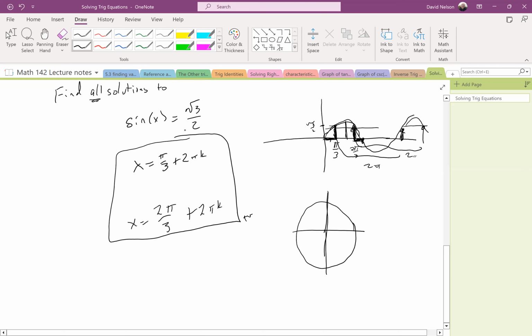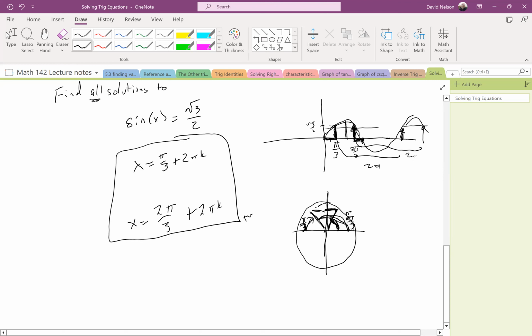In the unit circle, the y coordinate is your sine value, root 3 over 2. So I need to find the angle in here and the angle going to that one. Your reference angle is pi over 3.